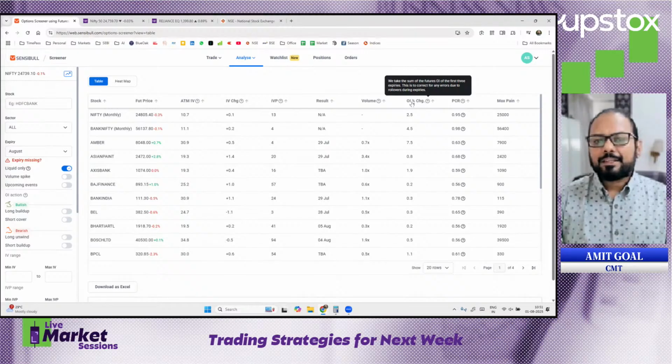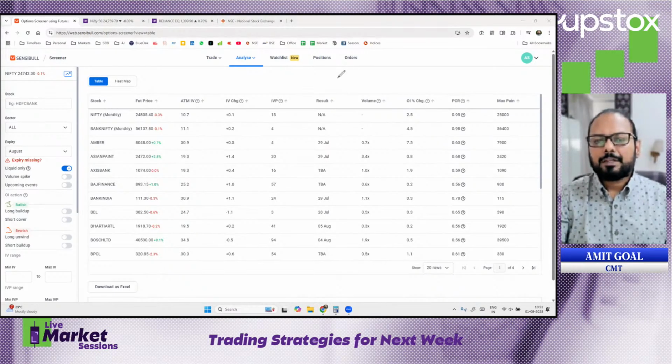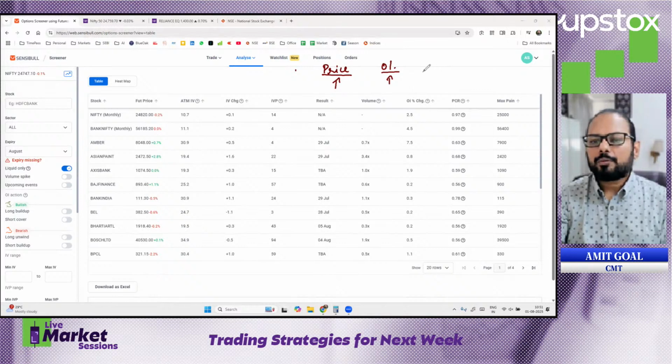Now, how will you read this? There are 4 key parameters that you will look at, right? What are the 4 key parameters? Your price and OI, okay? If the price is going up and the OI is going up, what will you call this? Long build up.